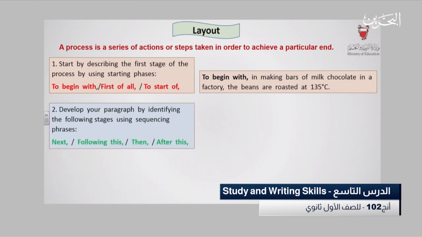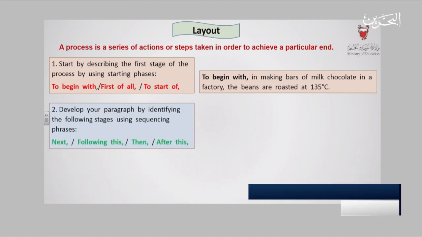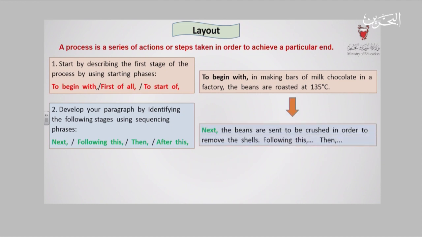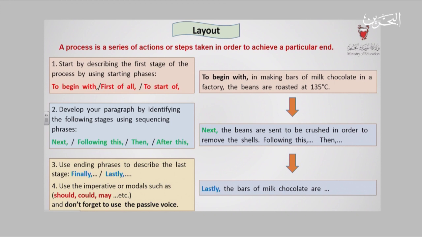When we're going to talk about the body, here come the steps of how we do things: next, following this, then, after, and so on. For example, next, the beans are sent to be crushed in order to remove the shells; following, then, after that, next, and so on till the procedure is almost at the end.